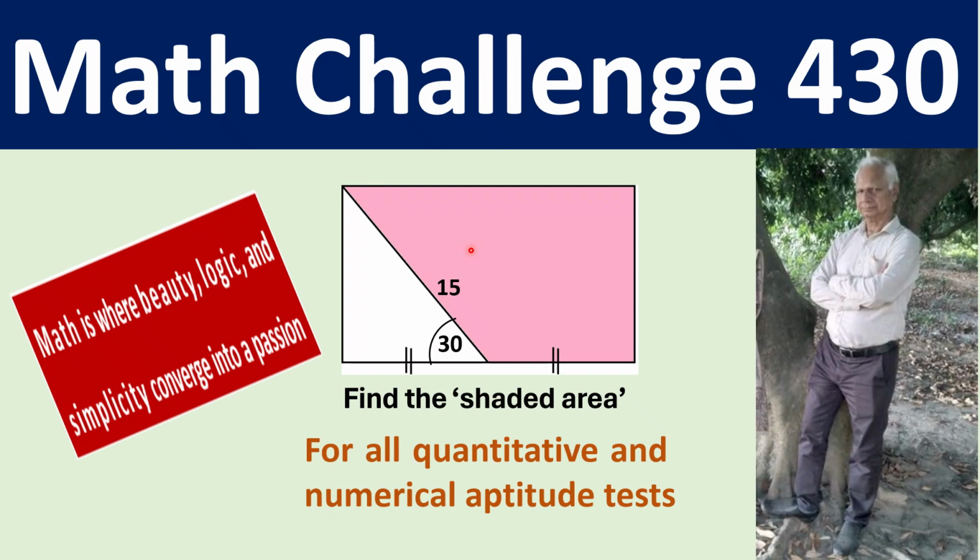The part other than the triangle is shaded, the angle is given, and we are also given the length of this line drawn from the vertex to the midpoint of the opposite side, which is 15 units. And we have to find the area.